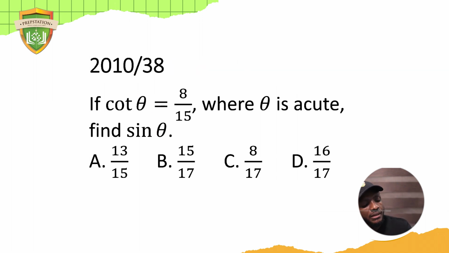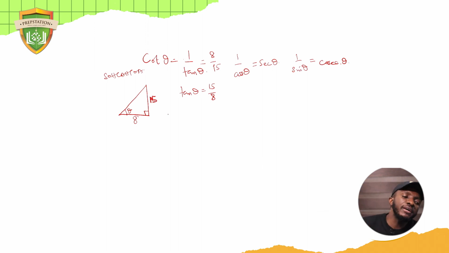Find sine theta. Now, if this is what we have, we need to find what this long side would be. So let's call this side x. Now, from Pythagoras' theorem, x squared is simply eight squared plus 15 squared.